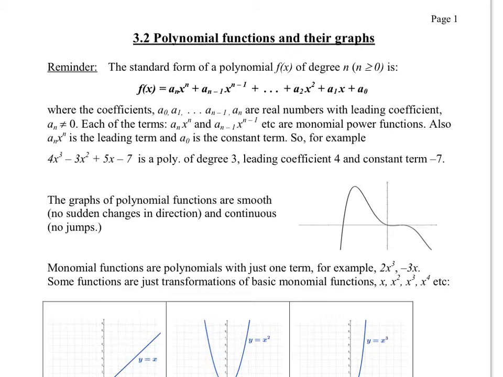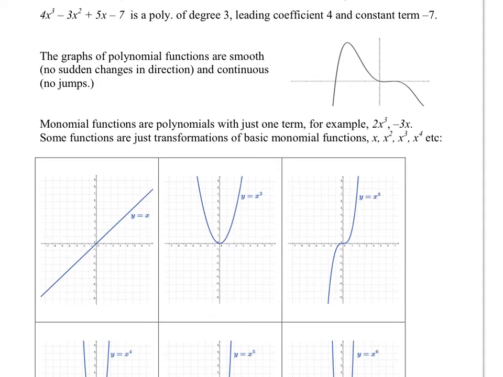Okay, so polynomial functions always are smooth. There are no big jumps in them, no holes in the function, no asymptotes. They're always fairly smooth, a little bit like this function here on the right. All these things here are examples of polynomials, but in these examples you can see they just have one term.